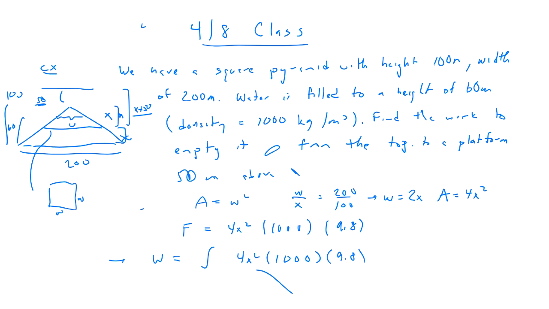So the distance from my generic line with the w on it to the top of the pyramid plus the distance from the top of the pyramid to the platform. Right? So this is the force. And in this case, looking at my picture, what is the distance I move that generic line w? In some ways, it is kind of by design x plus 50.